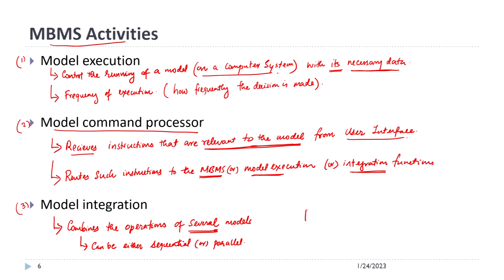So, sequential combination is something like this: model 1, model 2, and let us say model 3. First the data for model 1, data 1, comes in, does this, then data 2 comes in as part of this, and data 3, which is part of this model, is also taken in, and the models are executed in a sequential manner, and here is the output of the model. Okay.